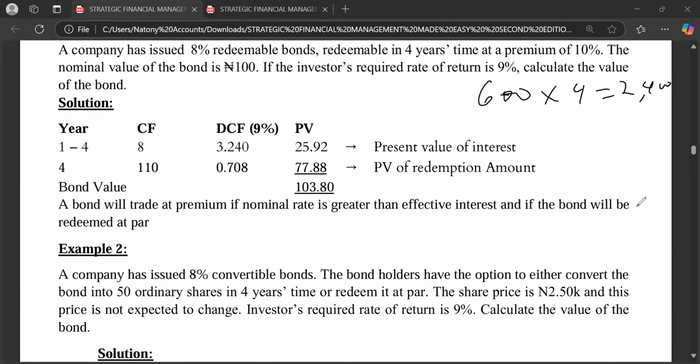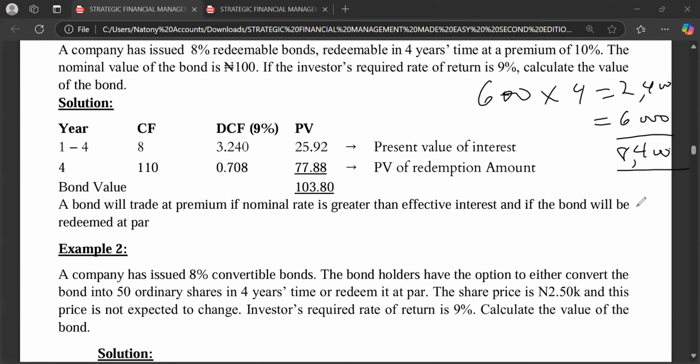So you will have received 2,400 at the end of the 4th year. And let's assume that the amount you lent the company is 6,000, and the company is paying back 6,000 at the end of the 4th year. So this becomes what? 8,400.